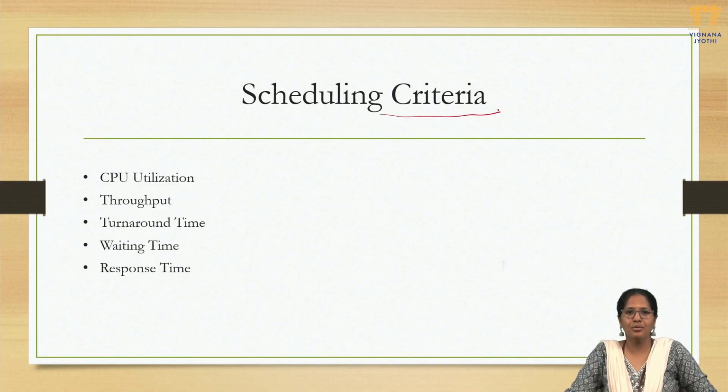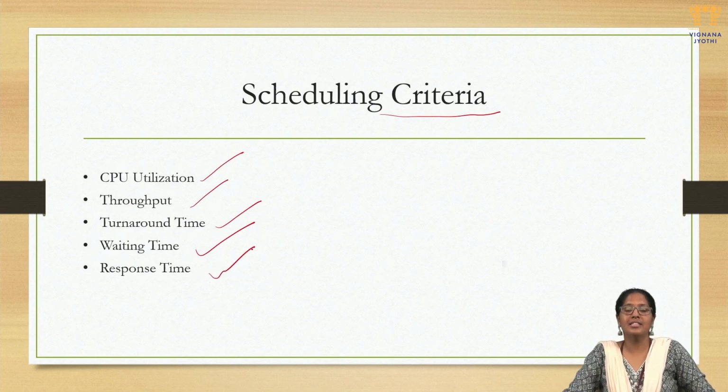The following are the most used scheduling criteria for evaluating different CPU scheduling algorithms. The first is CPU utilization. The next are throughput, turnaround time, waiting time, and response time. Although all these criteria measure the performance of a CPU scheduling algorithm, each one focuses on a different aspect of system performance. Let us examine them one at a time.